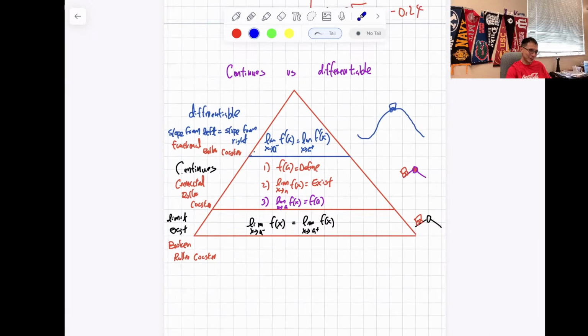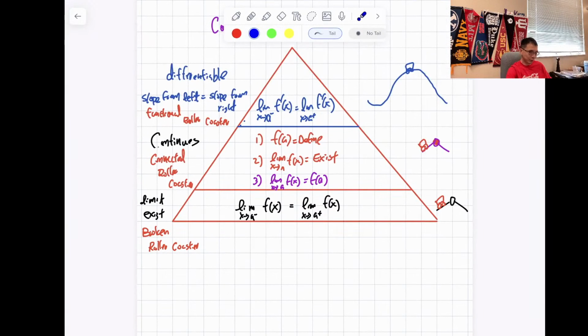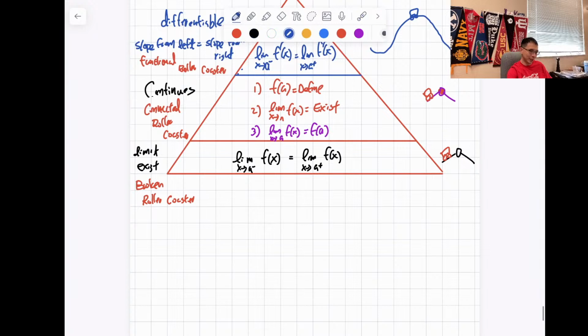All right, so let's get back to the track. Sorry, I got off track. So when is a function not differentiable?